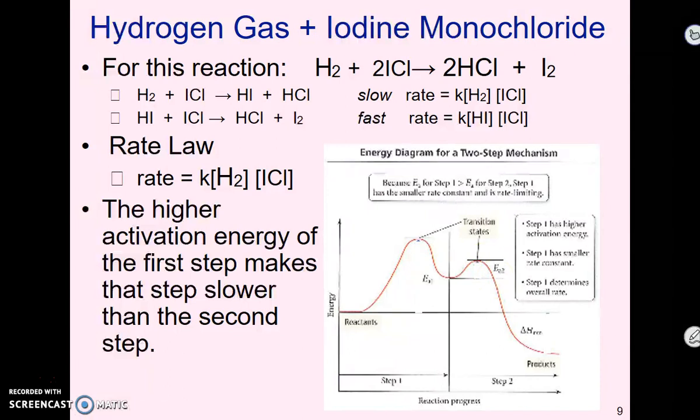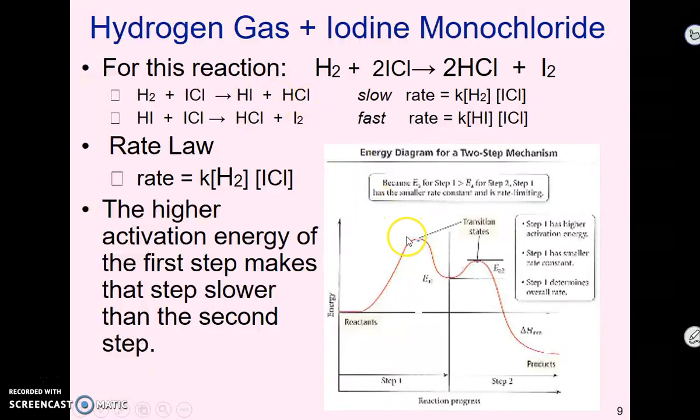Now, and they rarely ever ask this, at the top of the hump of each activation energy is something called a transition state. These are very, very unstable. They're the state between these being reactants and these forming products. So this is the transition between H2 and ICl becoming HI and HCl.